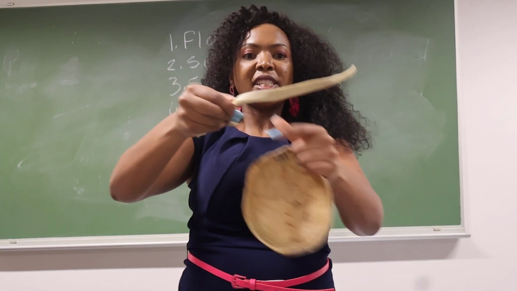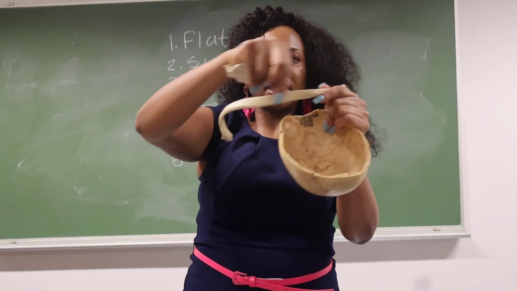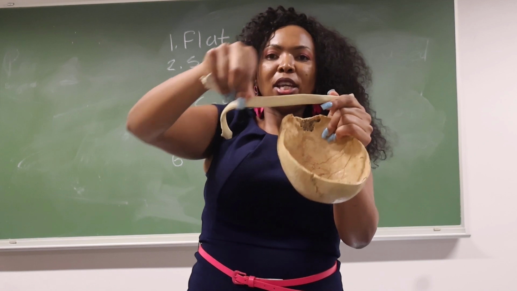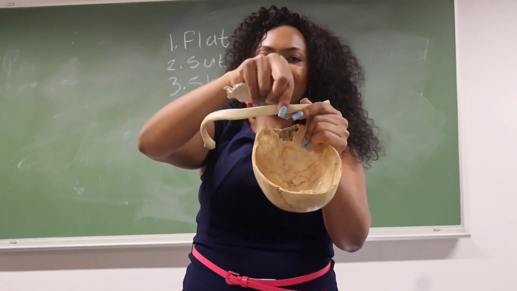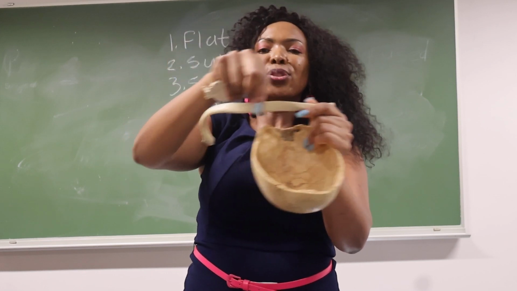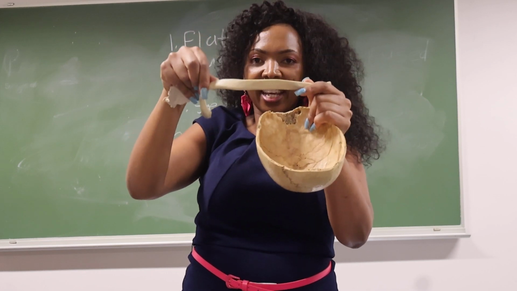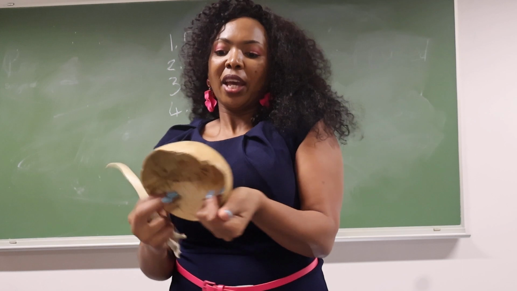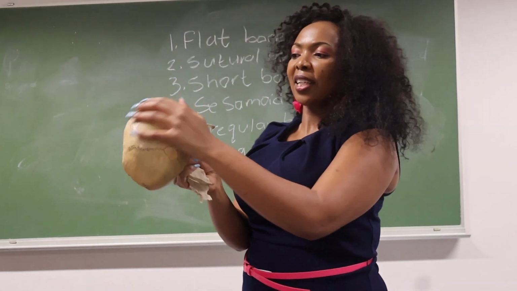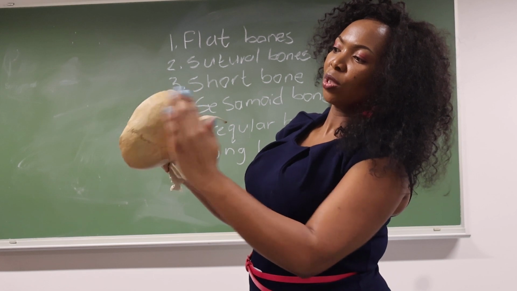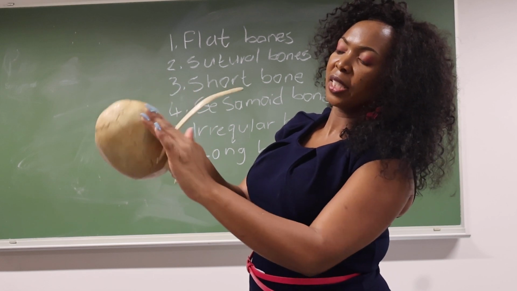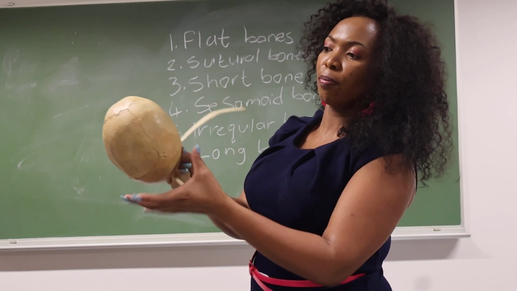And this is a rib, and it's also regarded as a flat bone. And then I have the skull here. So this side is called the flat bone, and this side is also called the flat bone.